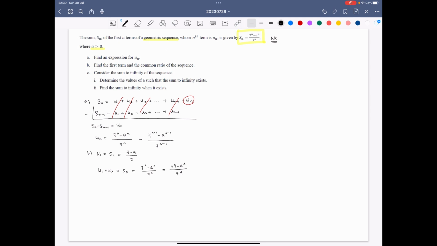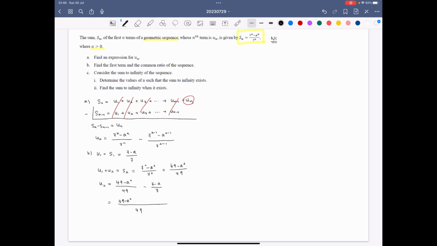So in order to find the common ratio r, you need u2 as an independent term, which you can find by subtracting the first term from the expression we just found. So this would be 49 minus a squared over 49, which is u1 plus u2, minus u1, which we found earlier.